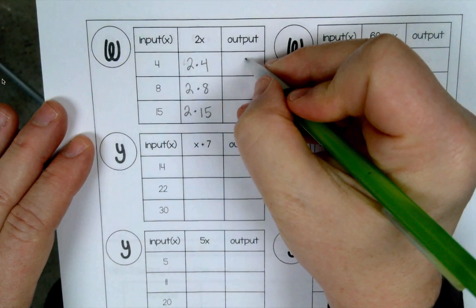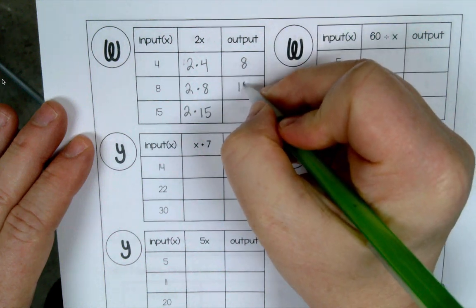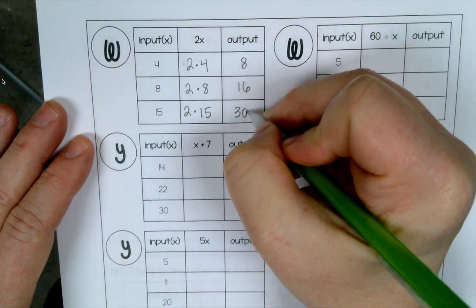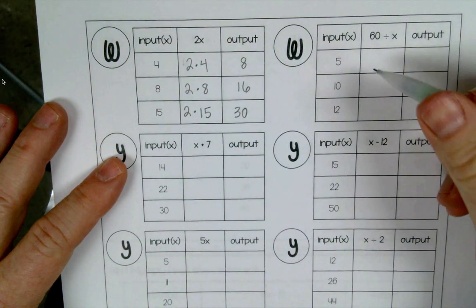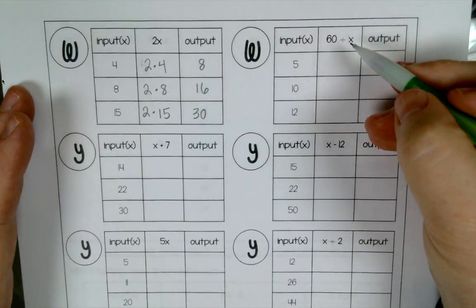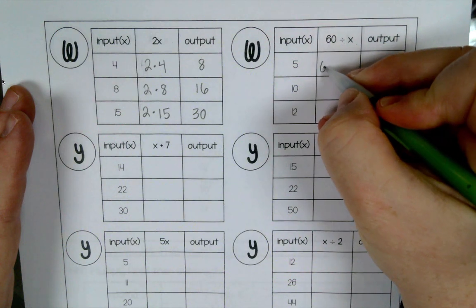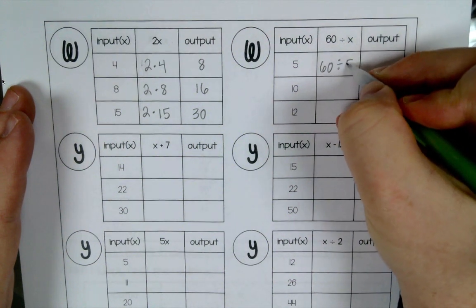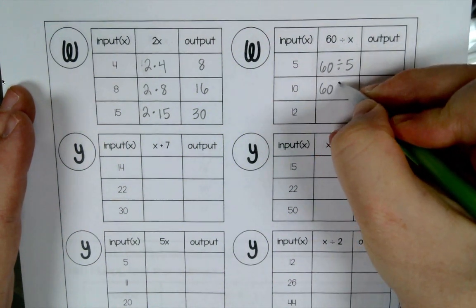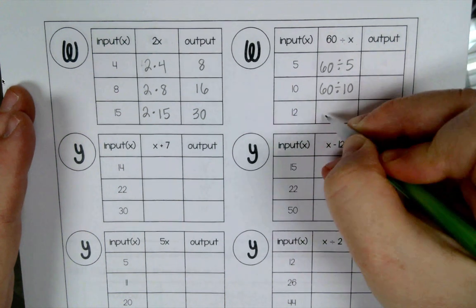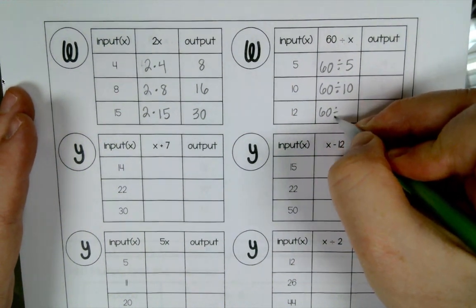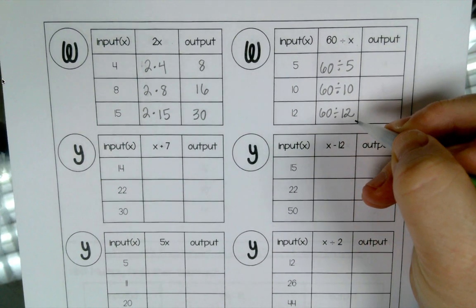Okay, so we get 8, 16, and 30. All right, so over here, we have 60 divided by x. So 60 divided by 5, 60 divided by 10, 60 divided by 12.